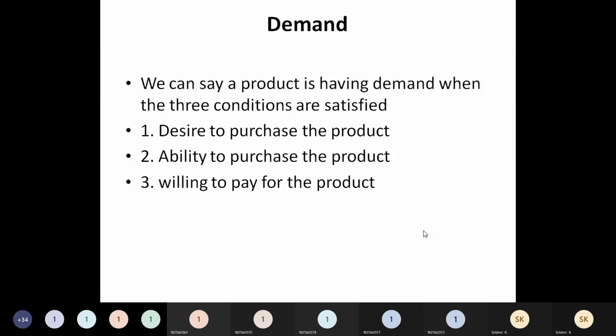He should have a proper amount with him to purchase that particular product, and he must be ready to pay that amount in purchasing the product. If these three conditions are satisfied, then only we can say that a product is having demand. Okay, this is the meaning of demand in economic terms.